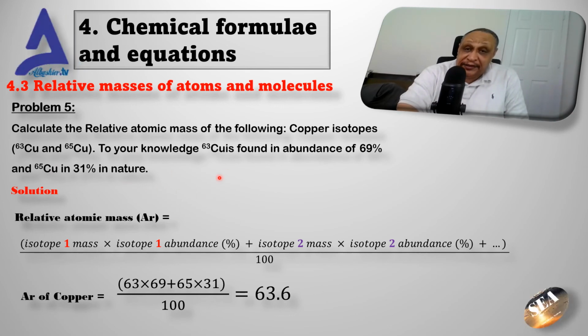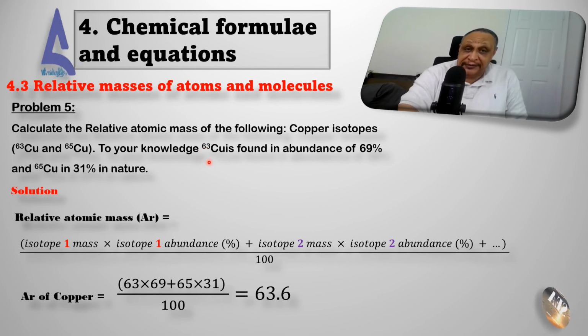And their distribution here is 69% for copper-63 and 31% for copper-65. Now we are going to start the solution.